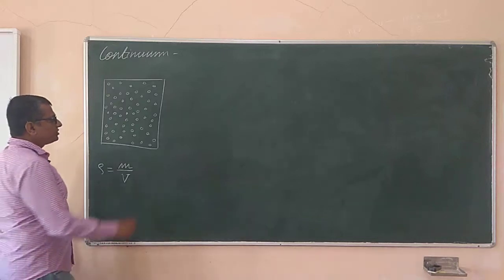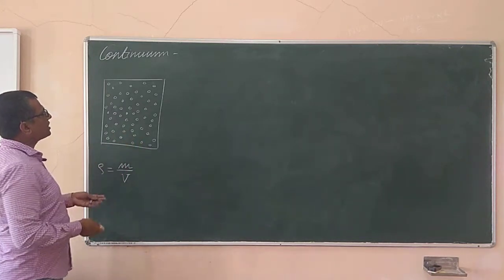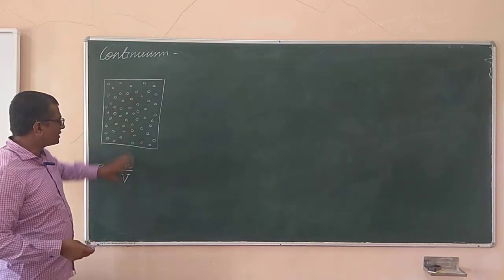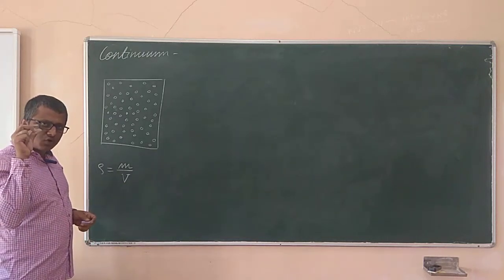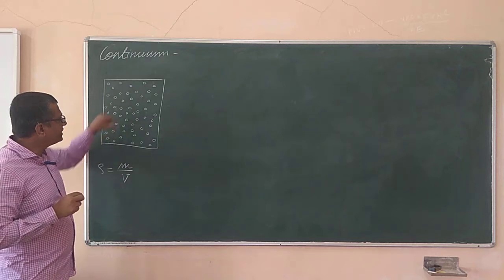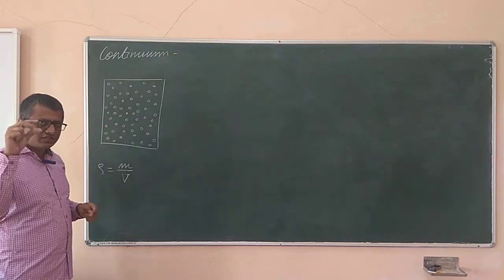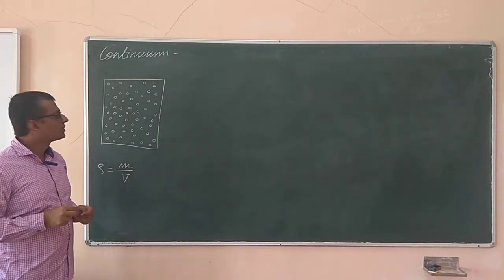Now if I take the density of this gas, then I will say the total mass of this gas divided by the total volume. But if I take the density of a very small element of the fluid inside it, for that I need to consider a small elemental volume.